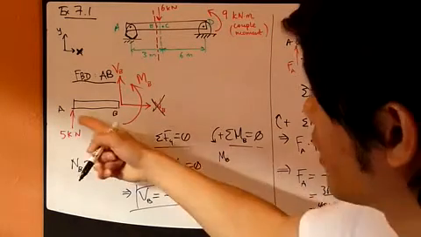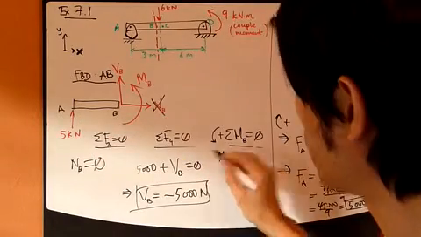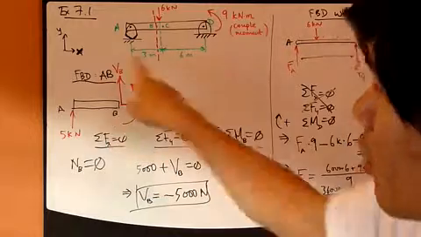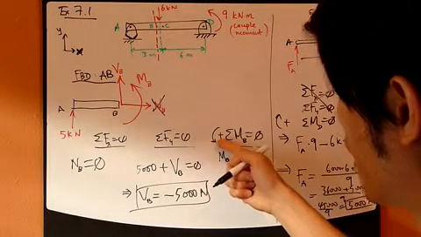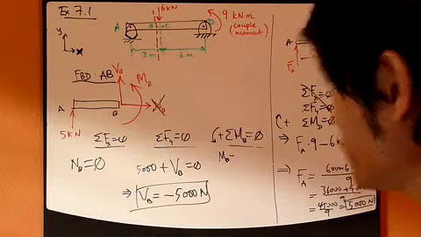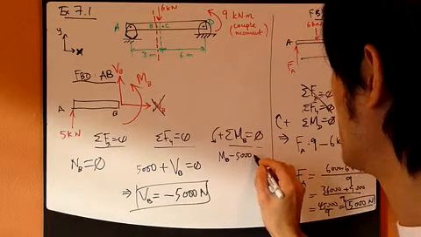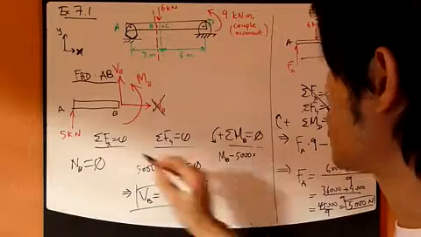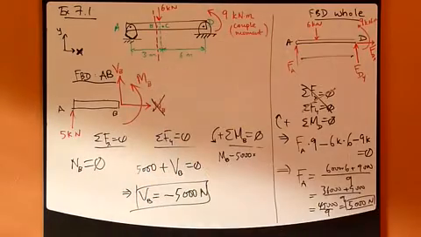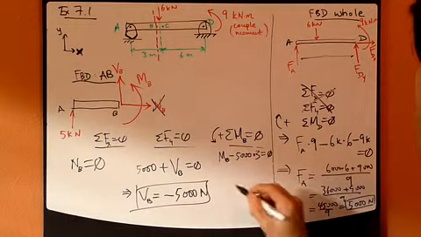And the moment from this 5,000 Newton force tends to create a clockwise direction, which is opposite to my positive direction, so it's negative. 5,000 Newton times the moment arm, which is the length of AB, which is 3 meters, equals 0.